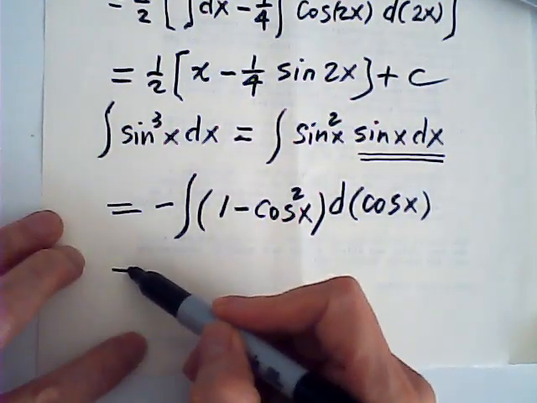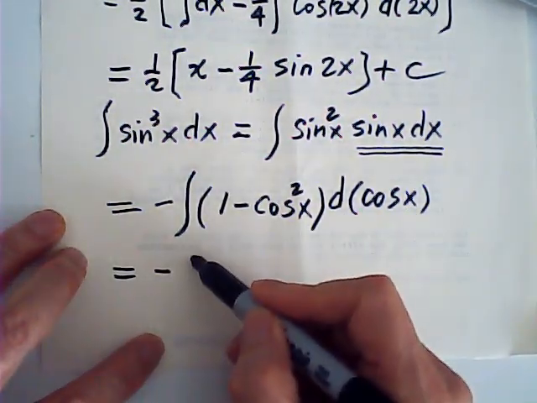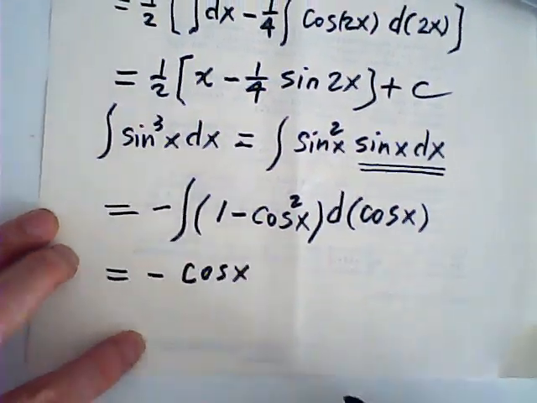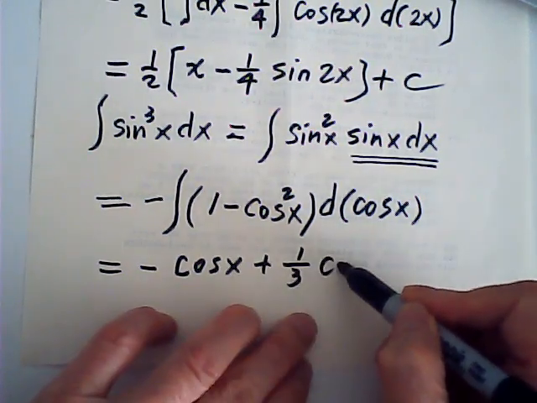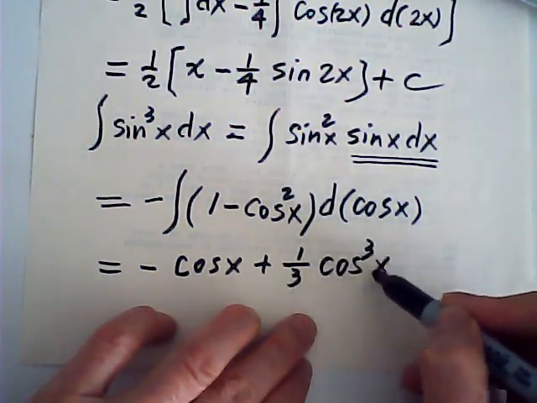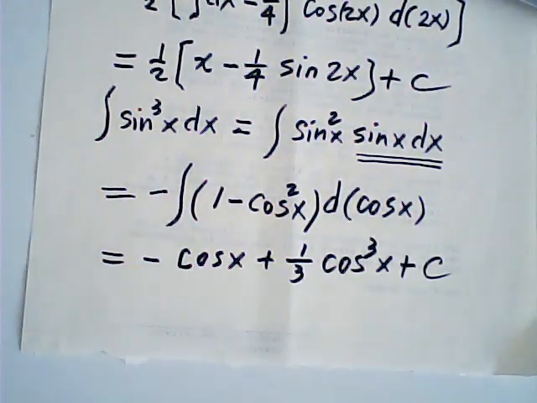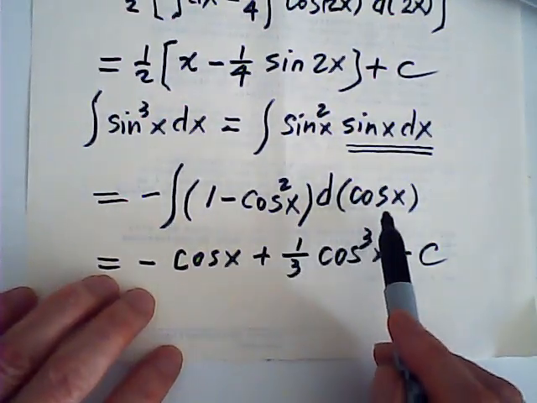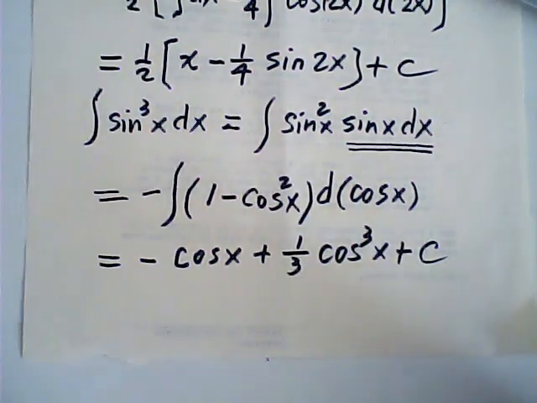So then this is done. This is minus, and this becomes cosine x, and this becomes 1/3 cosine cubed plus c. That's been done because this is a square function, and you're dealing with cosine x, so cosine square becomes something cubed.